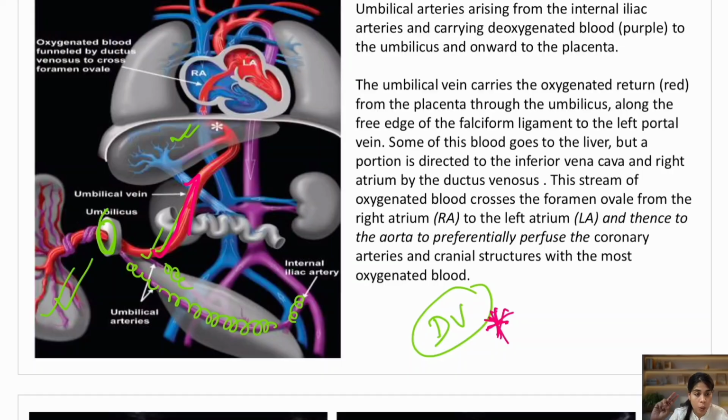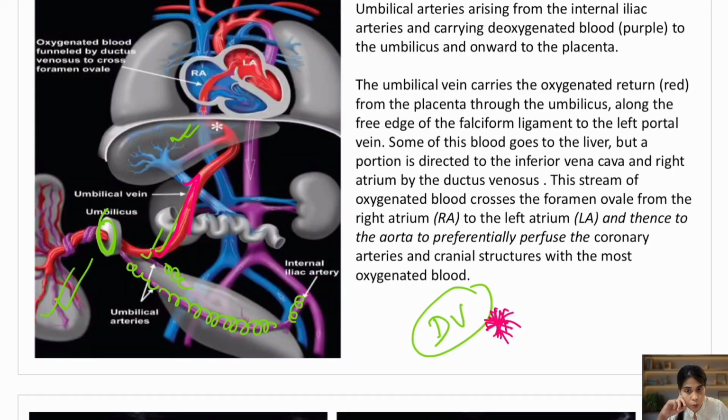These two require highly oxygenated blood for their functioning. So the ductus venosus's main action is to shunt the highly oxygenated blood from the umbilical vein to the IVC, and then from the IVC to the right atria, to the foramen ovale, to the left atria, and then to the brain and myocardium.